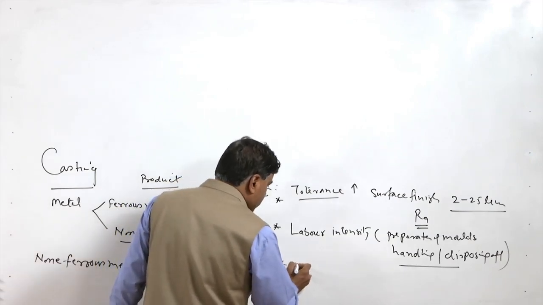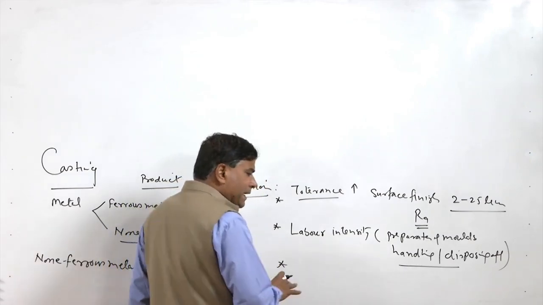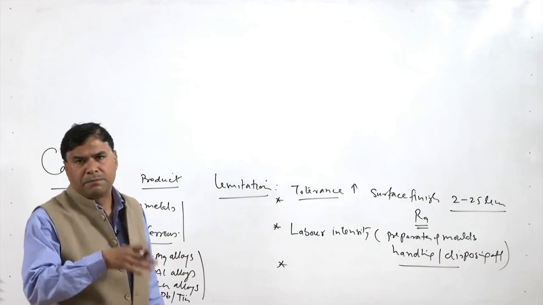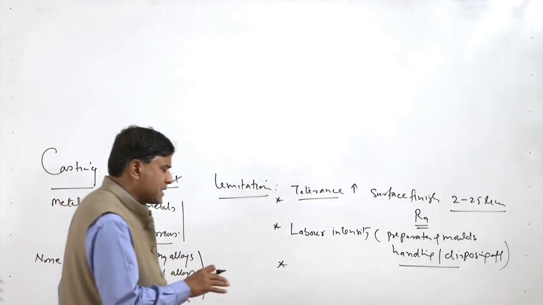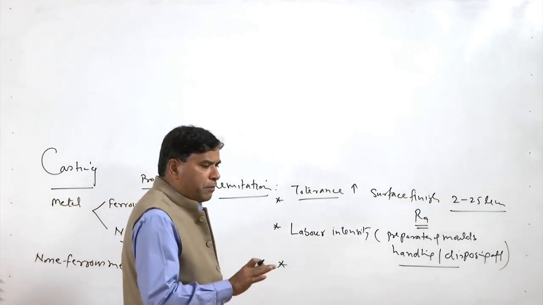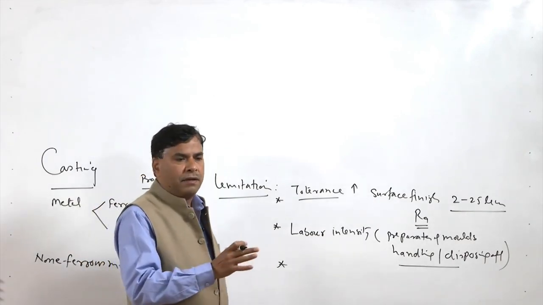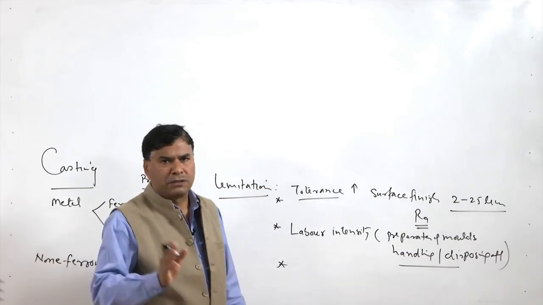Another is that since the process involves melting the metal at high temperature, it becomes sensitive to reactions and interactions with gases and impurities, followed by solidification, in which a liquid to solid state transformation takes place.